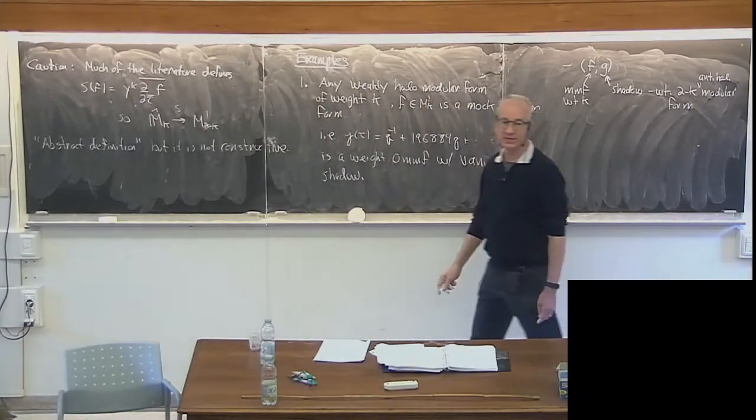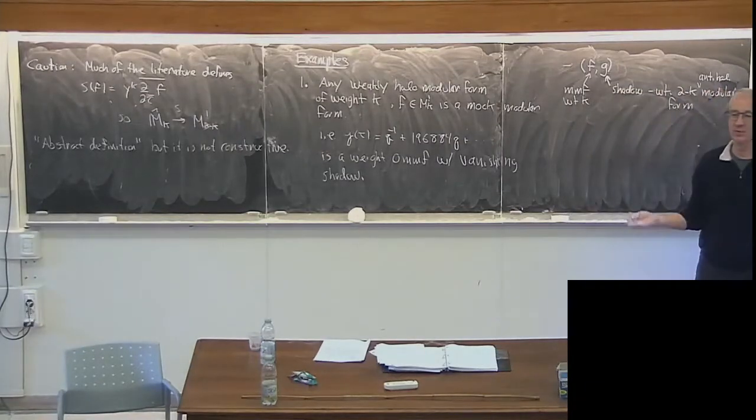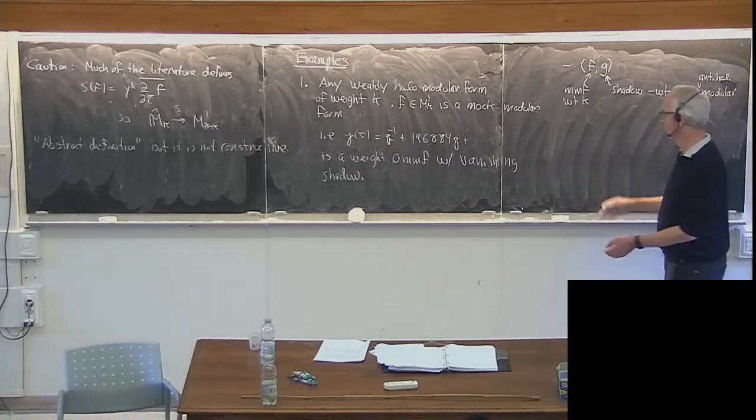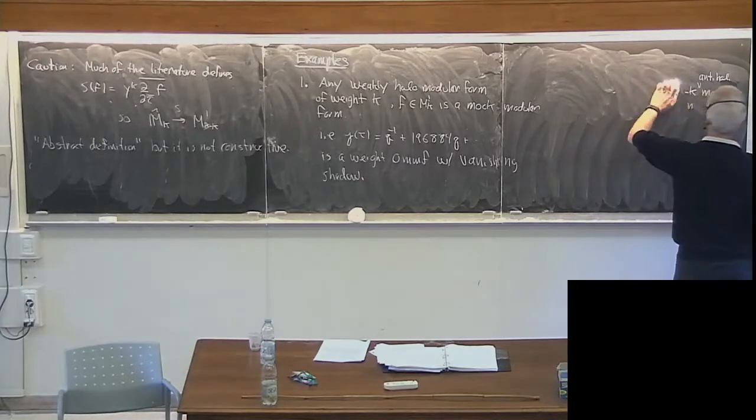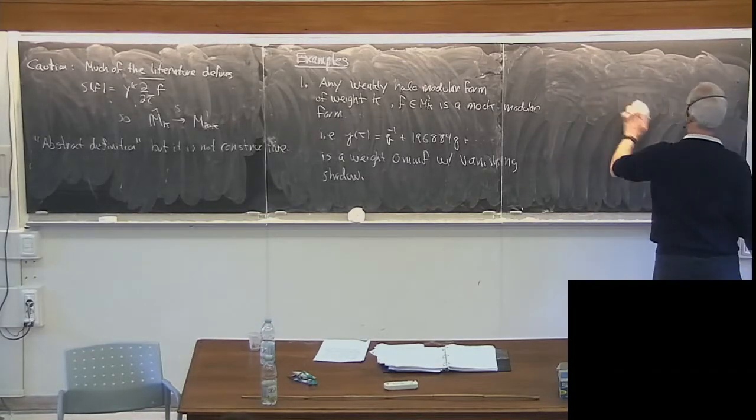So according to this definition, mock modular forms are a generalization of modular forms that include ordinary modular forms. And I don't think this is, well, it's sort of vacuous, but I don't think it's really vacuous.